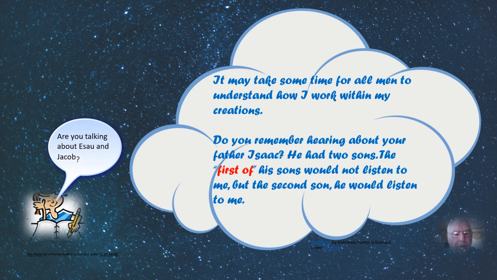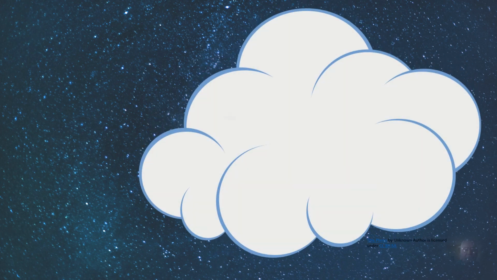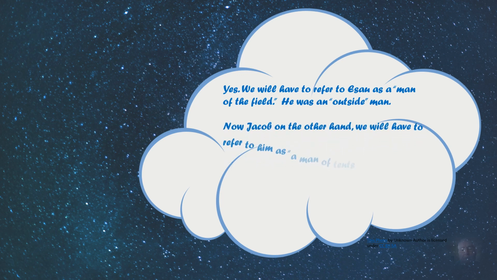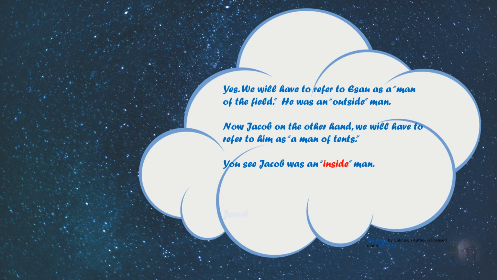Are you talking about Esau and Jacob? Yes, we will have to refer to Esau as a man of the field. He was an outside man. Now, Jacob, on the other hand, we will have to refer to him as a man of tents. You see, Jacob was an inside man. Jacob would listen for me, but Esau, not so much.